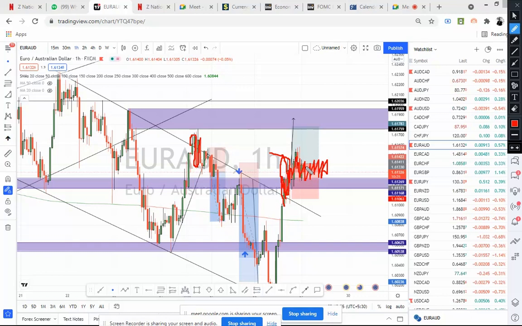Not sure about that, but my prediction is right according to my plan, my strategy, according to what the market wants from me. The market wants this green candle not to be inside this zone, this range.